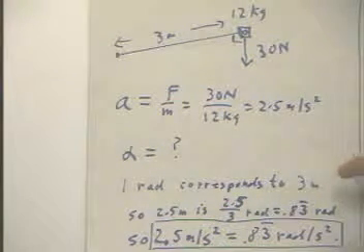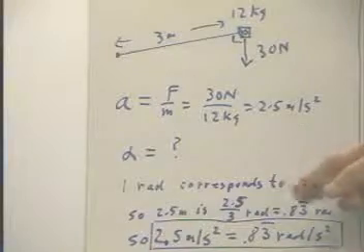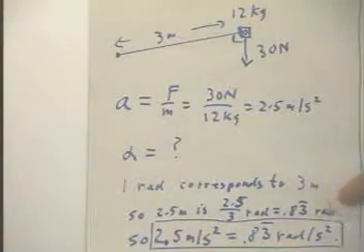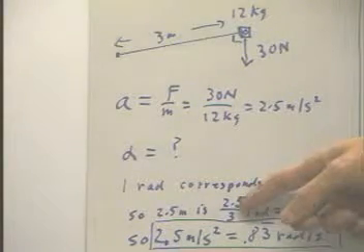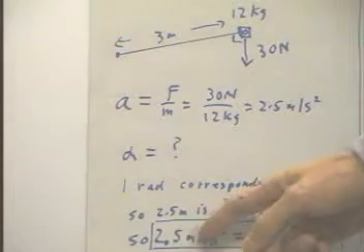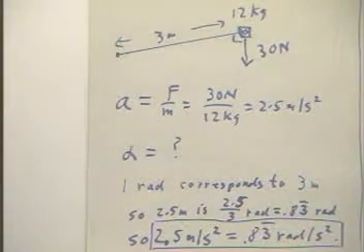Since the radius is 3 meters, 2.5 meters is the same as 0.83 repeating radians, so the 2.5 meters per second squared is the same as 0.83 bar radians per second squared.